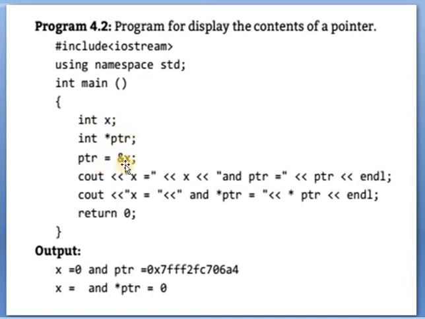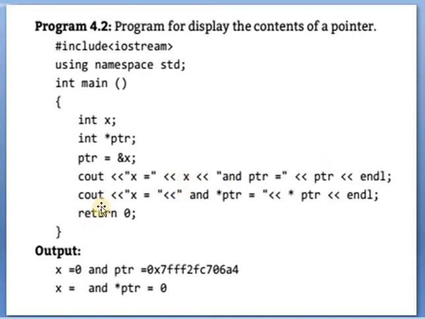Now ptr = &x means the memory address of variable x is going to be stored into the pointer ptr. Our work is to display the values of ptr and x also. So cout x equals x and pointer equals ptr. Now x will show the integer number and ptr will show the address of variable x.